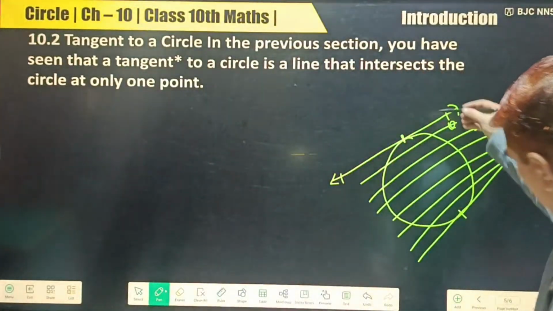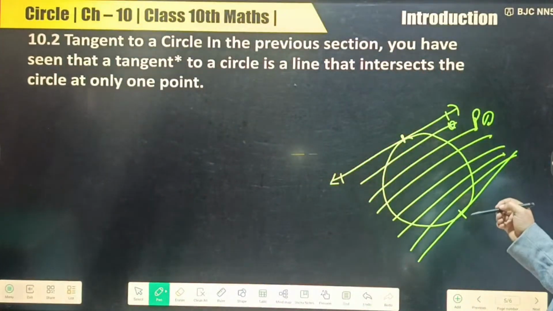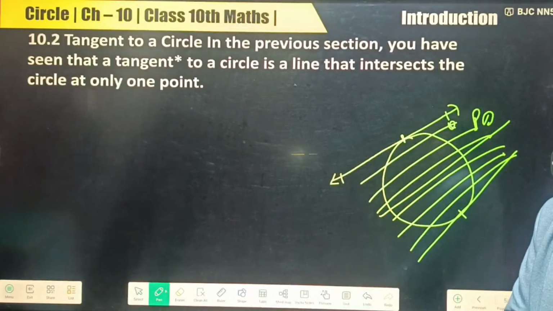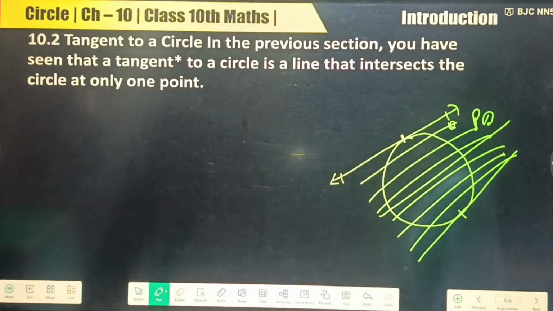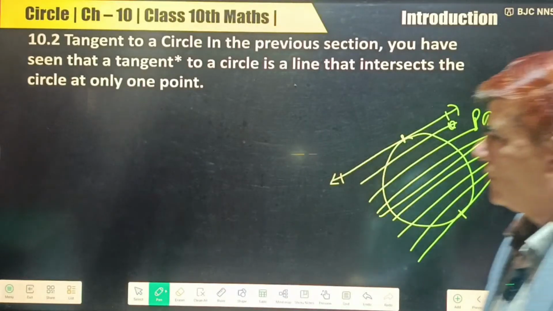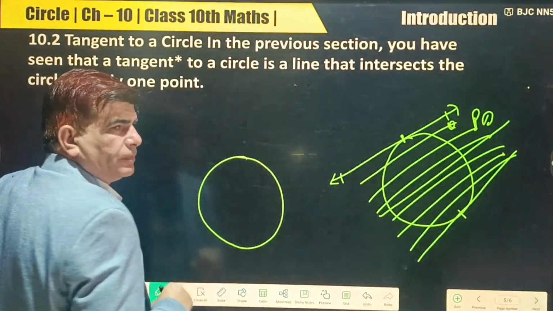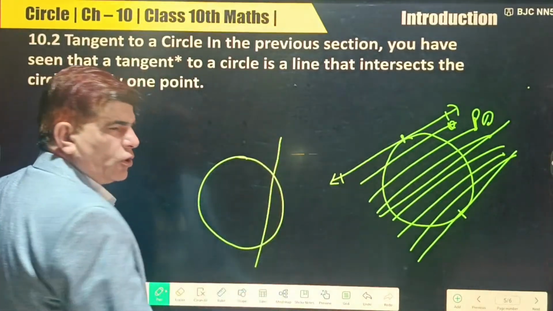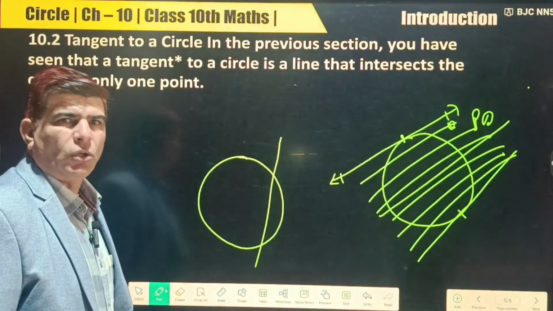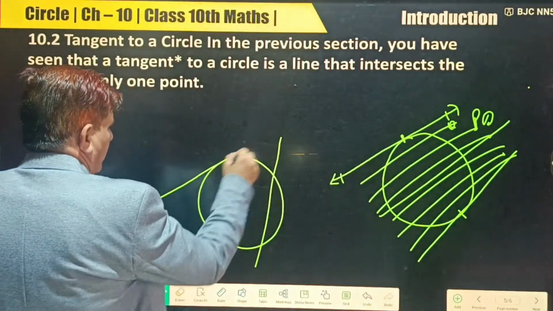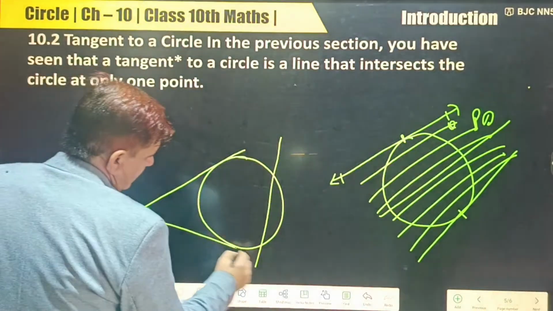So later on there is one property also. If you are given a chord, how many tangents can we draw parallel to it? 2 tangents. So tangent from the boundary also, from an external point also. From where can we draw tangents? Like this we have a circle. If you draw this, this is not a tangent. If we take this point, we can draw one tangent this, the other tangent is this.